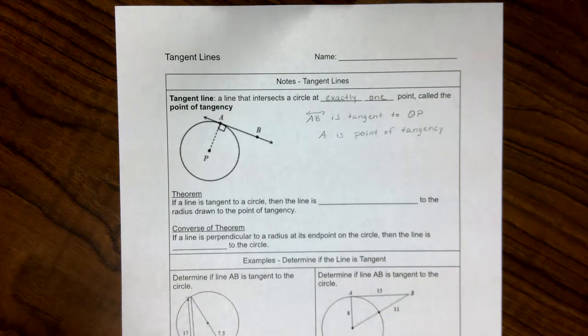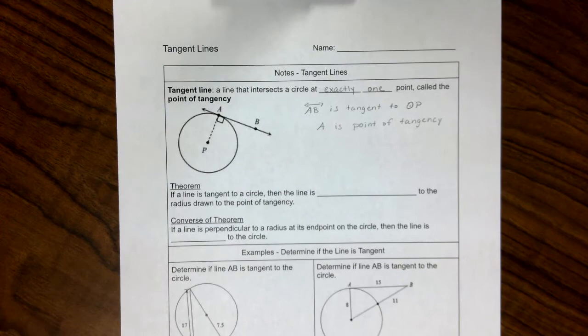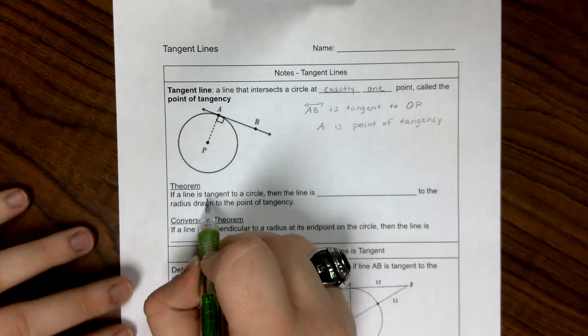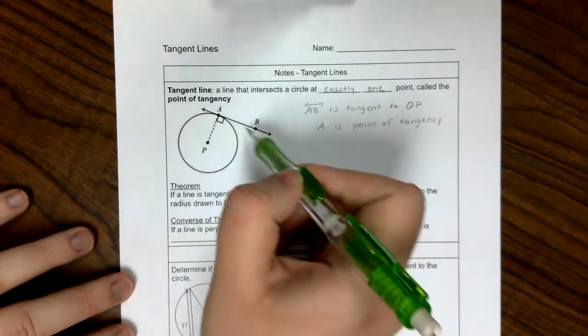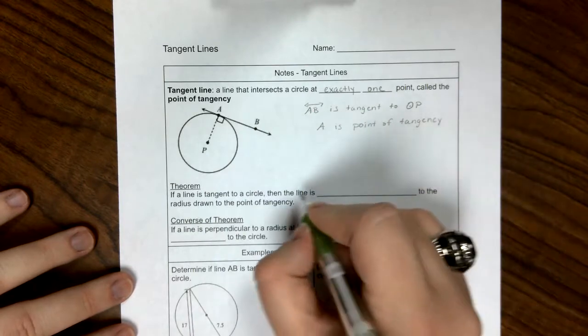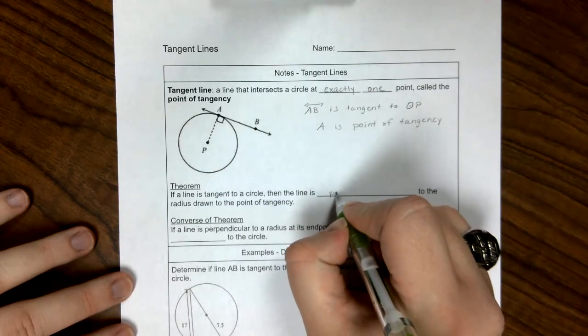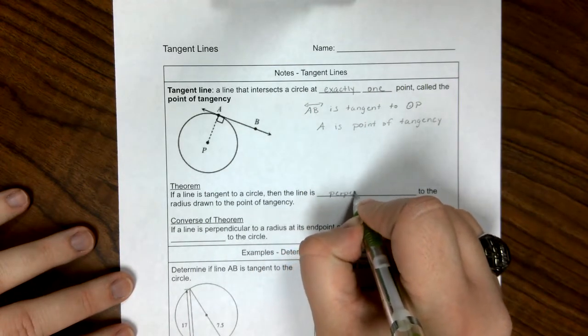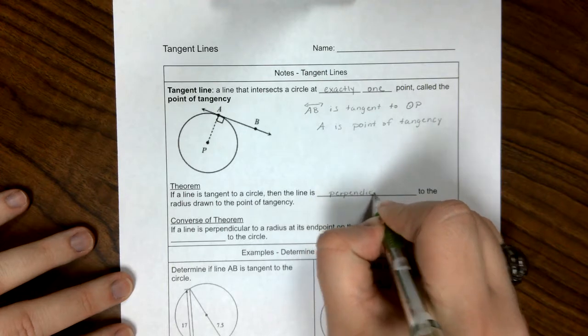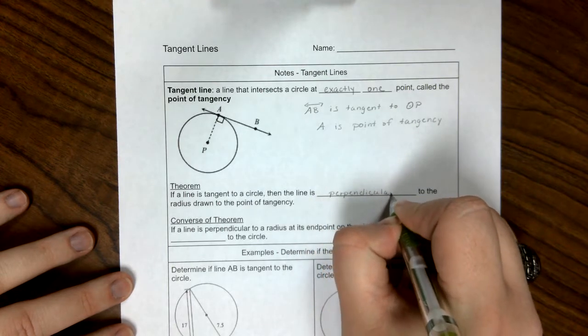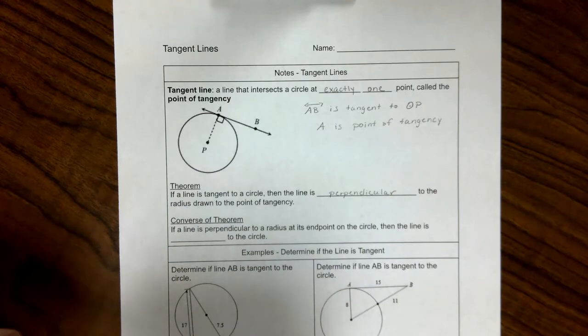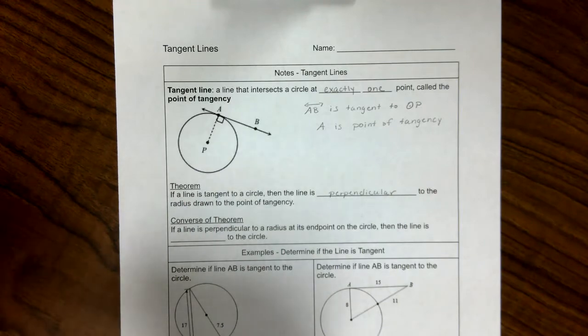Now there's a theorem and a converse of a theorem that we have to use that we're going to talk about today. So if a line is tangent to a circle, so if my line touches my circle one time, then the line is perpendicular to the radius drawn to the point of tangency.